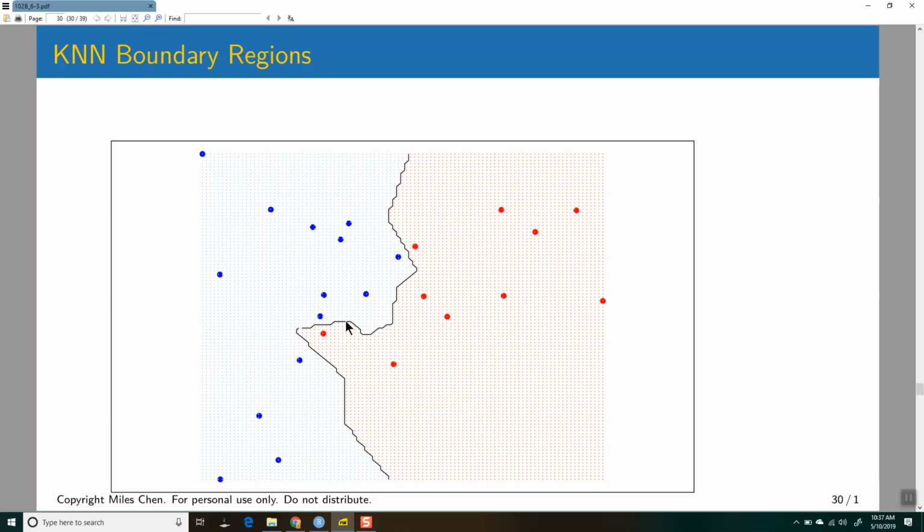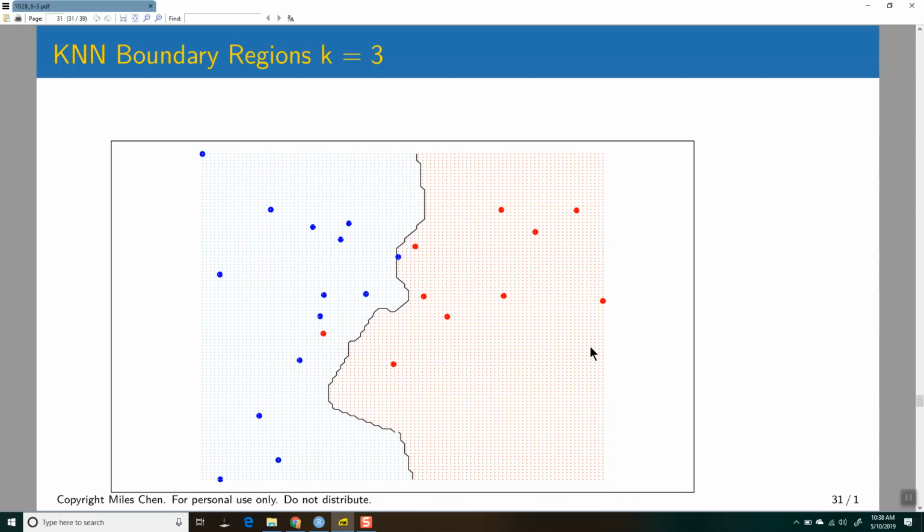We're basically getting a line right between these 2 points because if I pick a dot right here, it's equidistant from the blue and from the red. I should have written k equal to 1. You're going to get this funny boundary, all right? And this might be slightly, maybe not slightly, a lot overfitting our data here, okay?